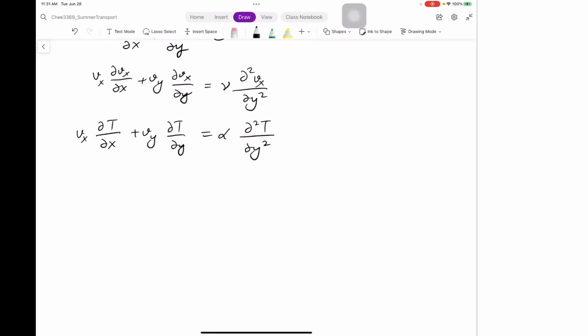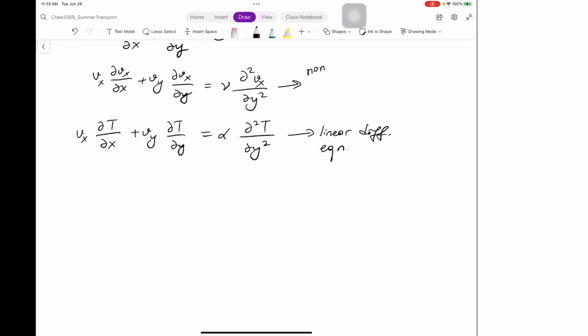Now, you can actually say that this is a linear differential equation. Because if you know Vx and Vy, you're basically having prefactors which are not a function of temperature, just a function of x. If you know that, it can be taken as a linear differential equation. But this one, on the other hand, has the derivatives of Vx multiplied with the function Vx itself. So this is a second order nonlinear differential equation.